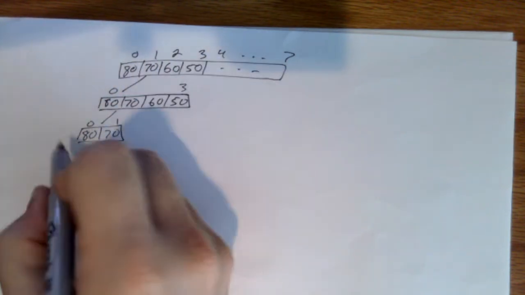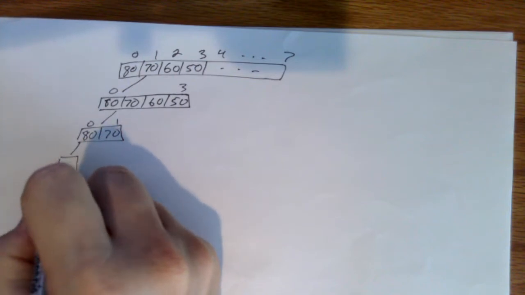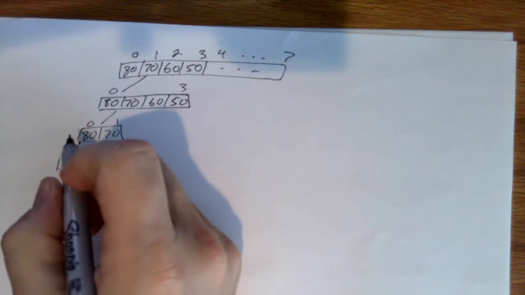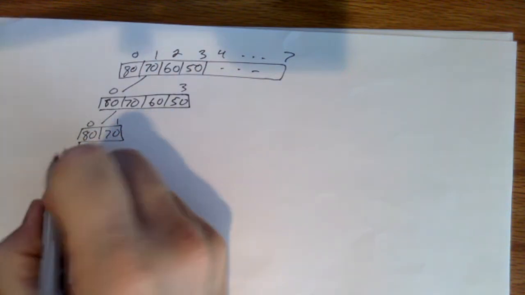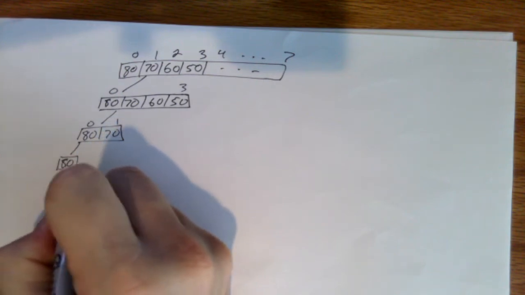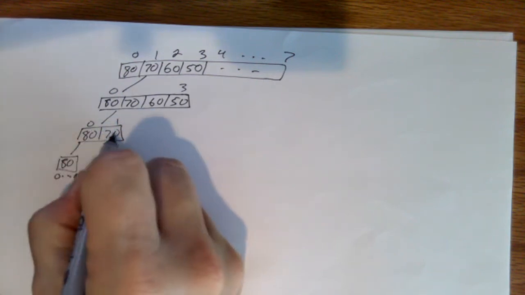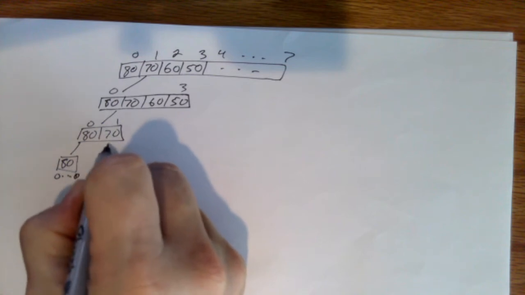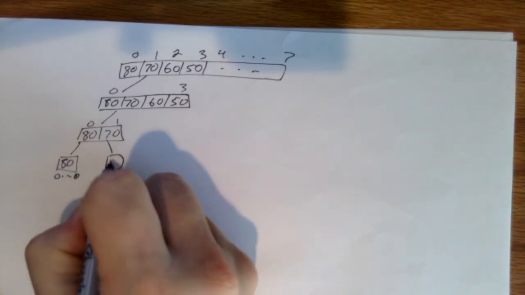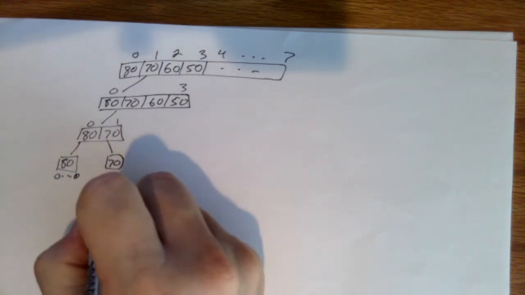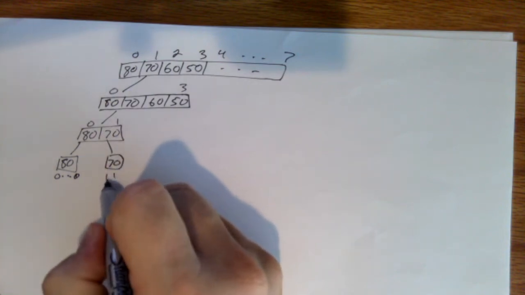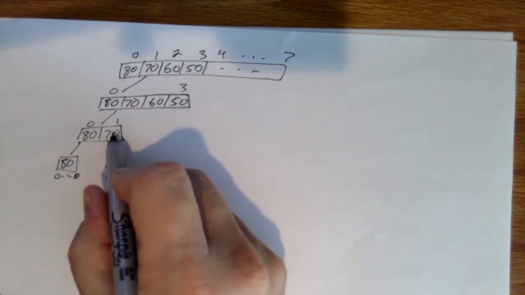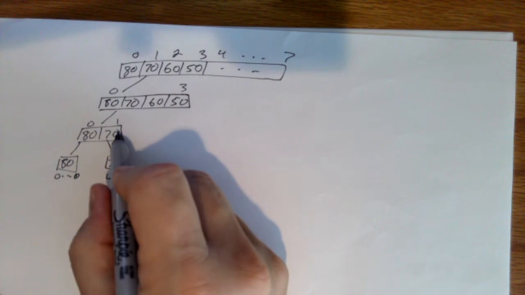Then we look at the left half of this, which is just 80. But now, in the merge sort function, this is a place where we have indices 0 to 0. So we go back to where we left off, and now we go to the right. And this has indices 1 and 1. This is at the bottom. So now we go back to where we left off, and we're ready to merge this with this.